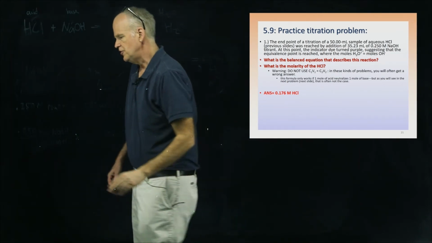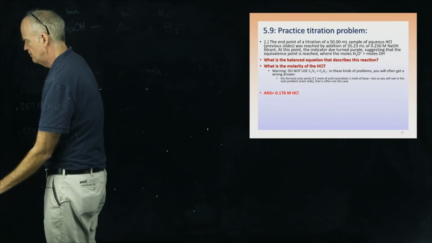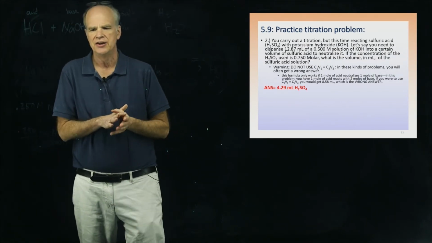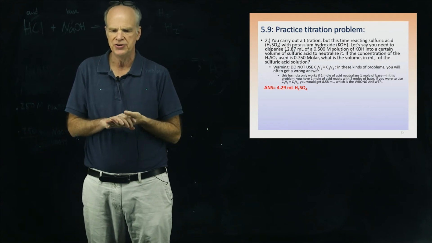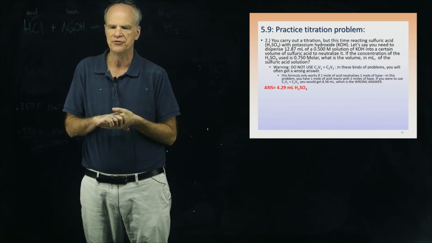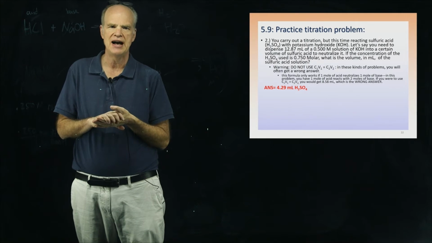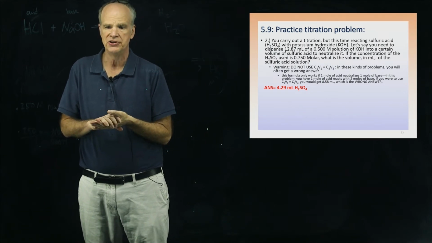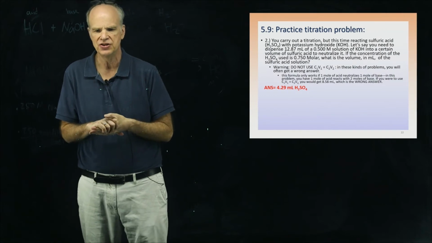Okay, so this problem is a little bit trickier, so let me bring it up on the slide, and let me describe this problem to you. It says you carry out a titration, but this time you are reacting sulfuric acid, and the formula for sulfuric acid is H2SO4, with a base, which is called potassium hydroxide, which is KOH.